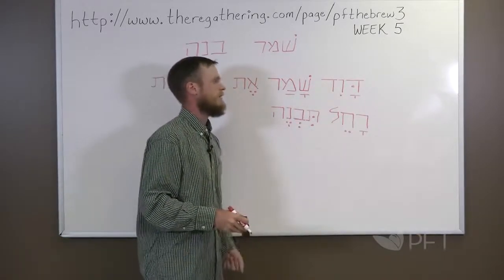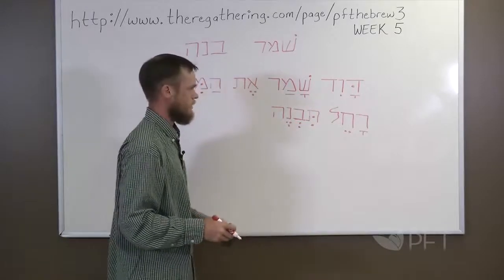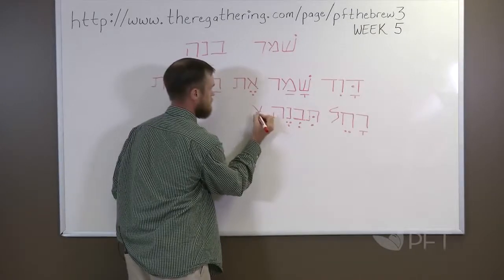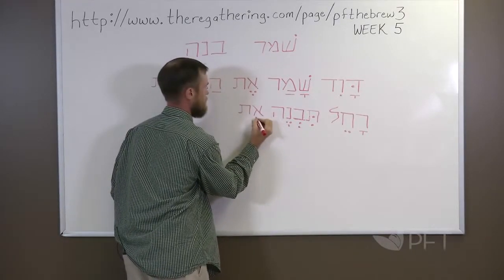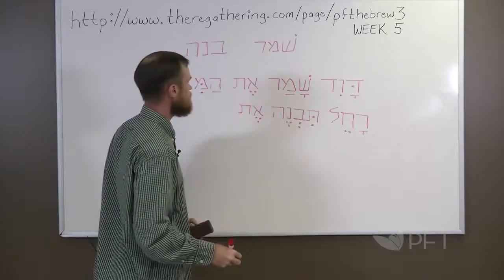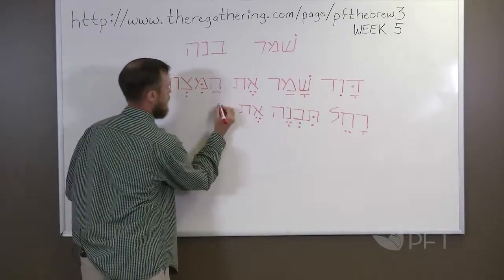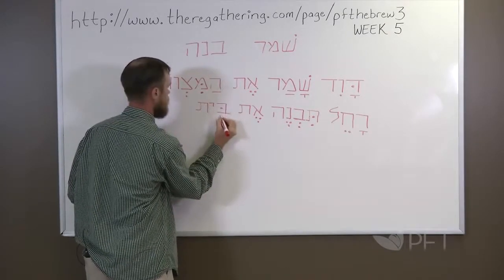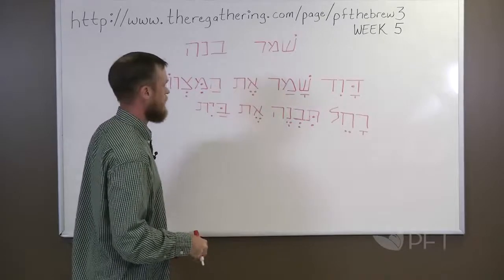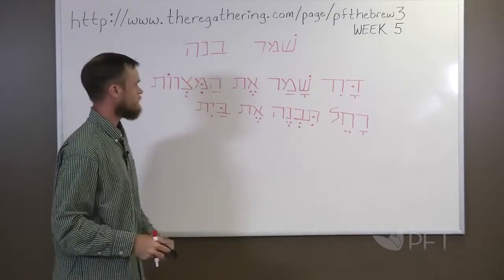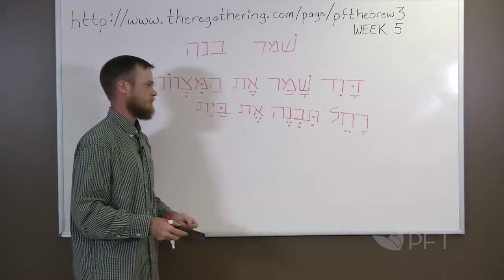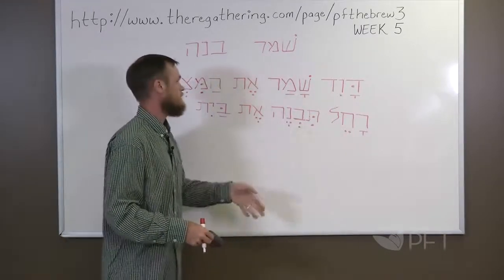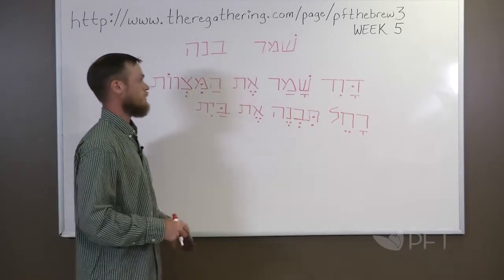Rachel tivneh. Rachel will build. What will she build? She'll build a house. House is the object, so we need an et before house, which is bayit. So Rachel tivneh et bayit. Normally you'd say et ha something, but in this case I'm just talking about a house in general, not a particular house. Rachel tivneh et bayit. Rachel will build a house.